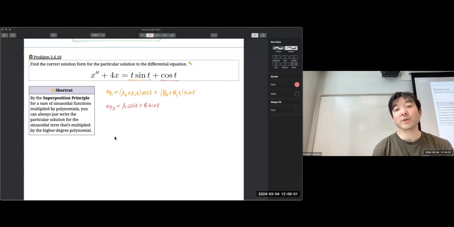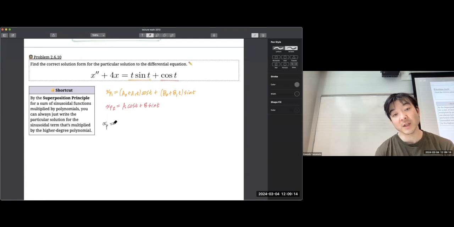So these are your two particular sub-solutions coming from the right-hand side. We're not going to actually solve for these coefficients, but I'm just going to say your particular solution, due to superposition, will equal the first particular solution plus the second particular solution. I'll use colors.